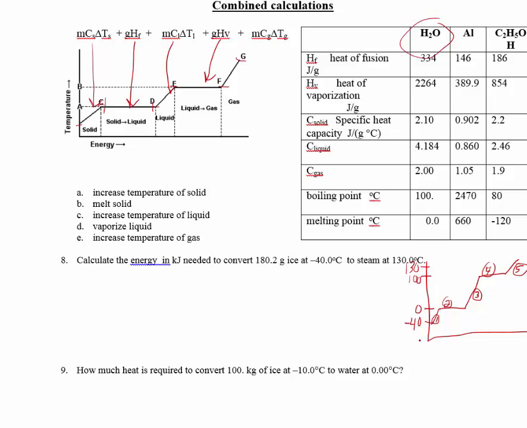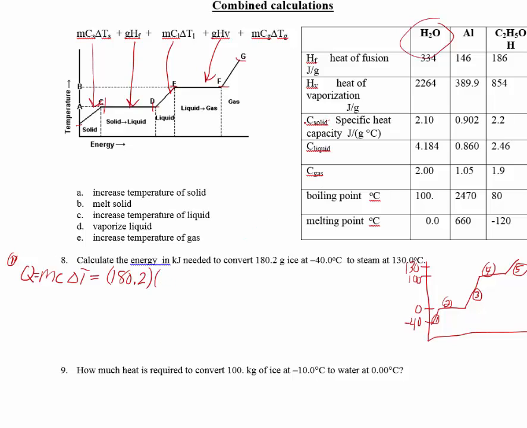So narrow your focus, only look at one part at a time. For the very beginning, I'm just looking from when it's going from -40 to 0. Temperature changes, so at part 1, I'm going to use MC delta T to calculate. Then I'm just going to plug in numbers. 180.2 is the mass. That will not change. Here's where we have to be careful.